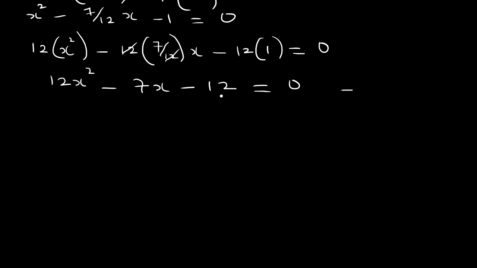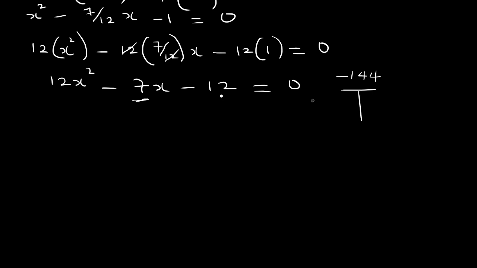So we'll look for two numbers that will multiply to give us minus 144 because of this negative sign. And if we sum them up, the result will be minus 7. What are these numbers?